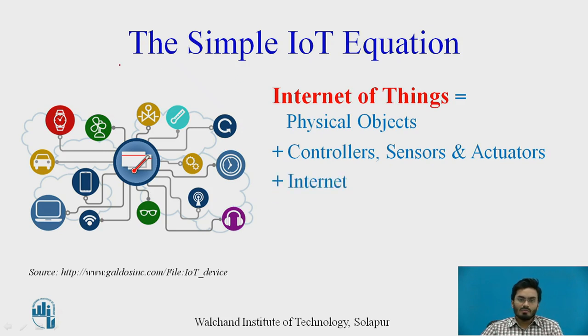So this concludes that IoT is a composition of these three core things, where we have physical objects like sensors, and we add some intelligence by embedding those sensors with controllers, in which we write the firmware and the decisions to be made by the actuators. And ultimately, of course, we need the internet.